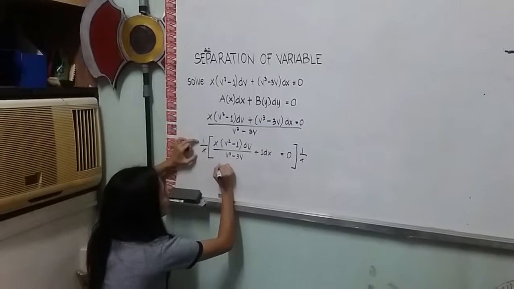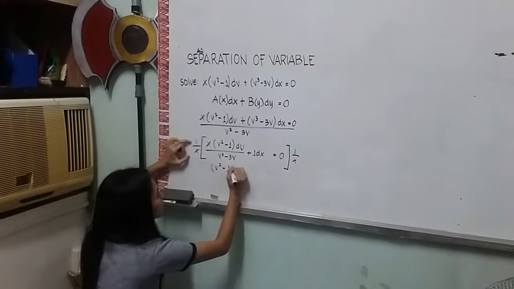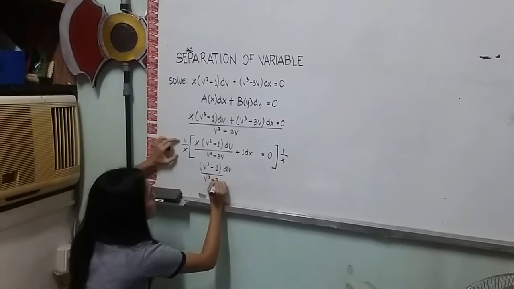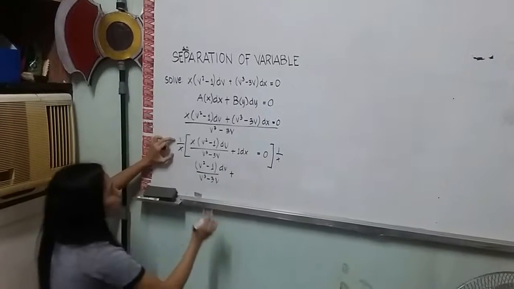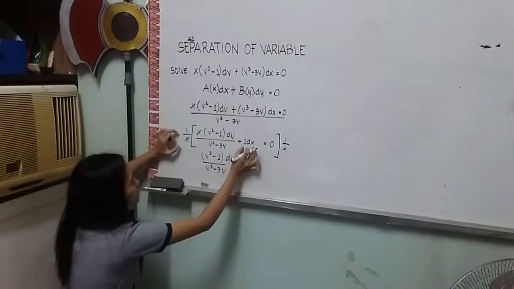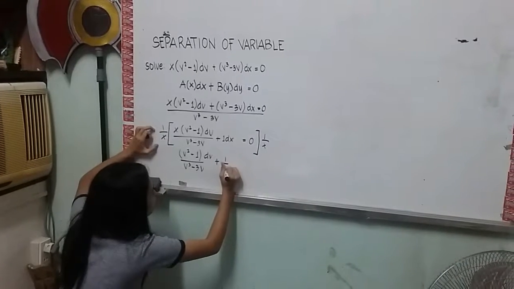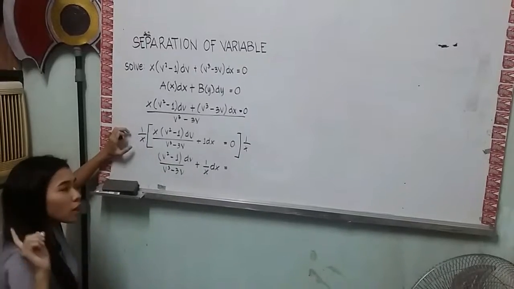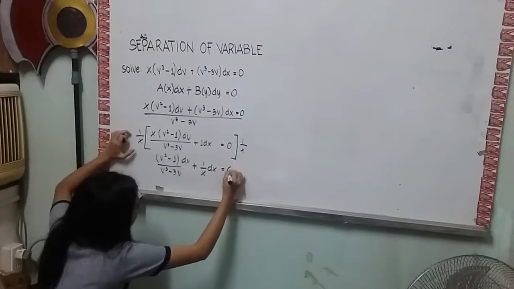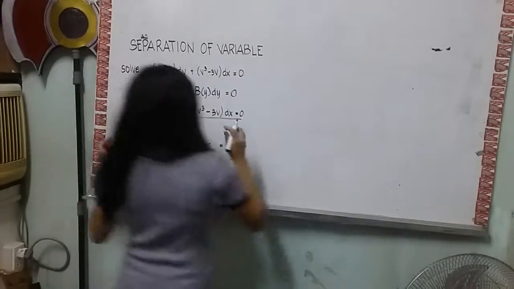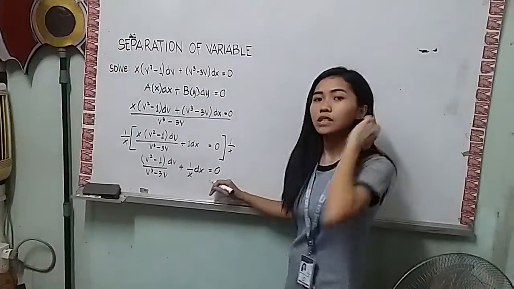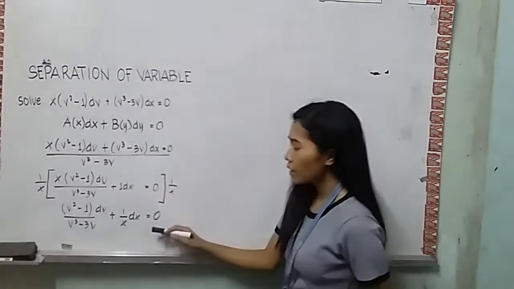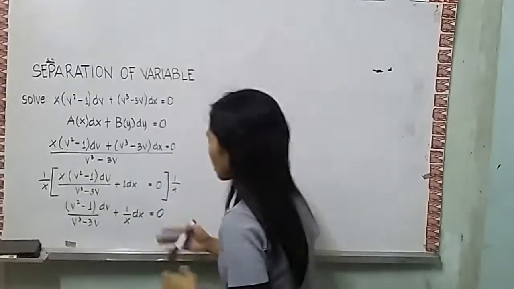So it will become (v squared minus 1) dv over (v cubed minus 3v) plus, if we multiply this 1 over x to 1 dx, it will become 1 over x dx equals, any number multiplied by 0 is equivalent to 0. So here we go. This equation can be separated. So we have a separable equation here.